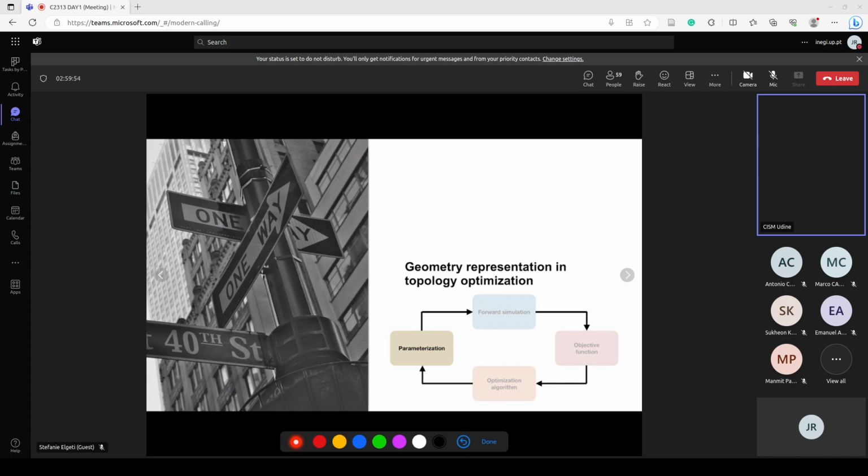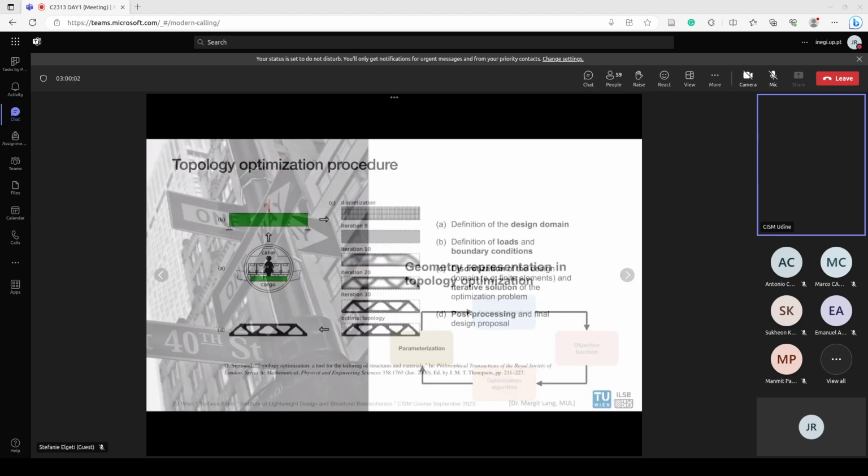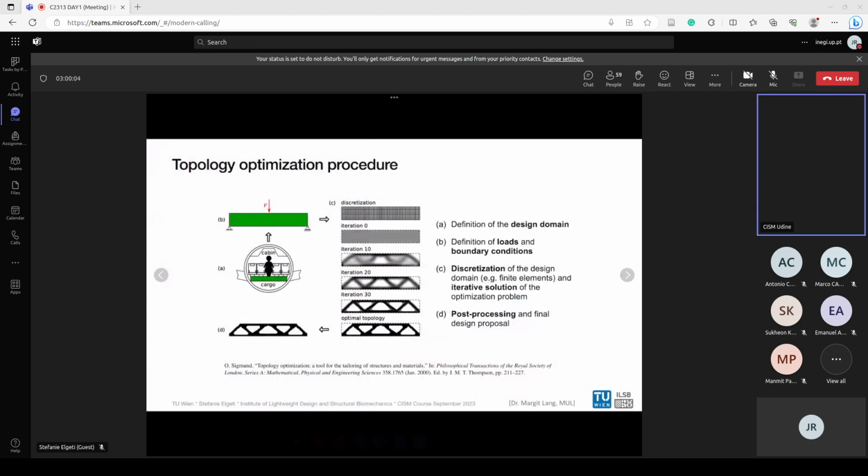So geometry representation in topology optimization. So again, we're speaking about the parametrization of the geometry. If we look at the topology optimization procedure, then first we have to define the design domain. So here, as an example, there's the floor of this airplane.